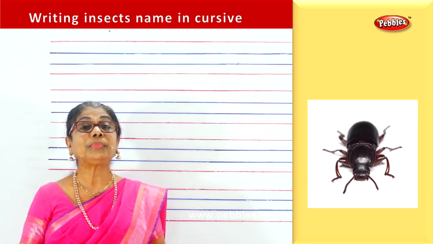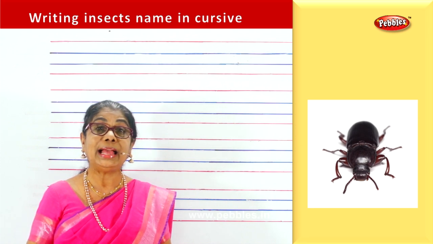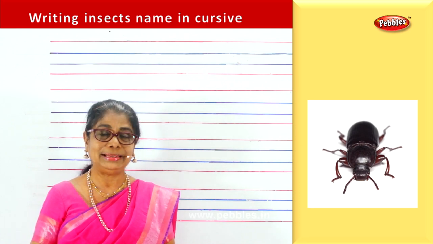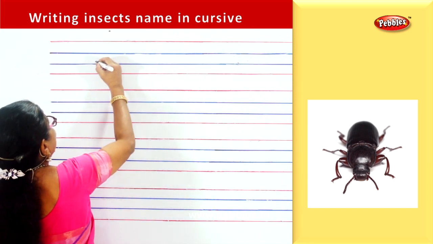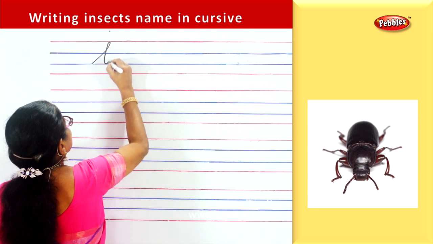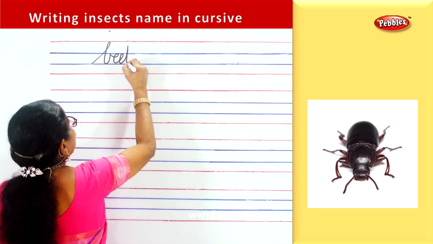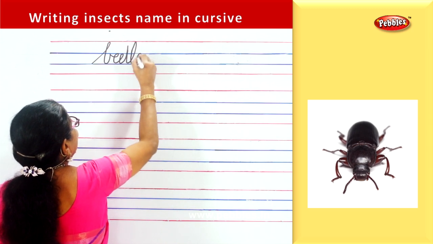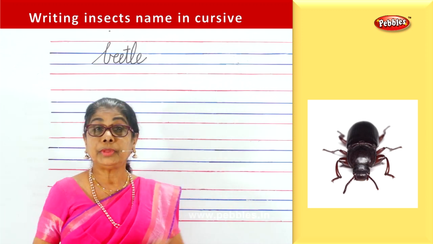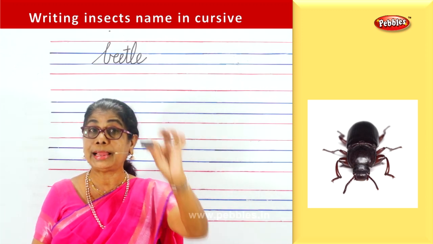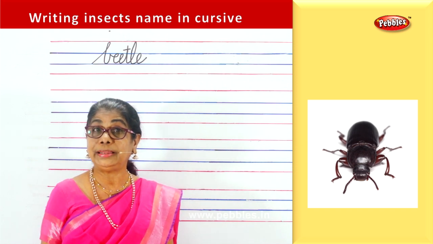Spell beetle. B-E-E-T-L-E, beetle. Shall we write? Good. B, E, E, T, L, E. It's bluish black color and huge like this, and it can kill a tree, especially coconut tree.